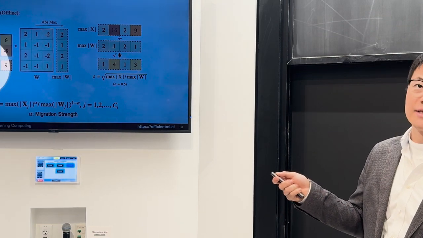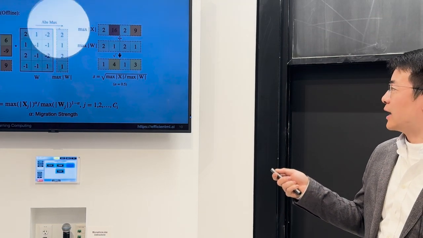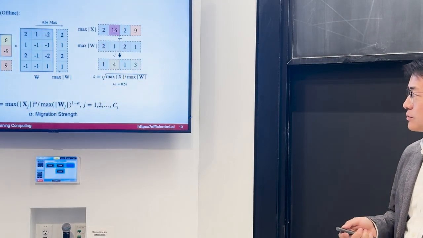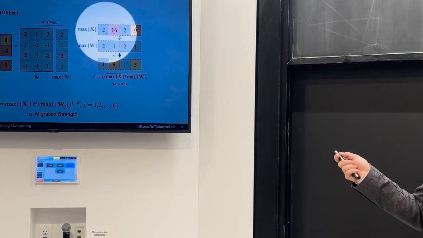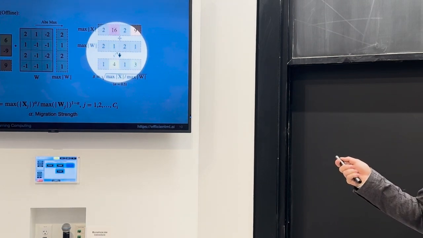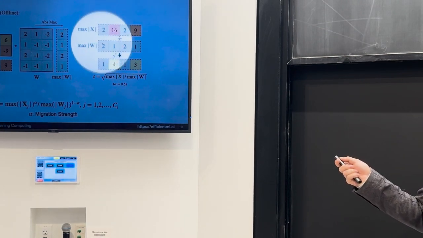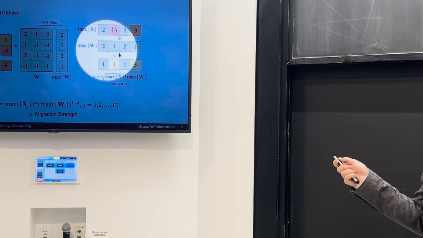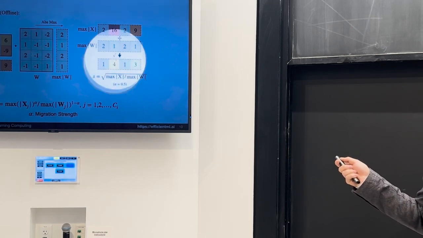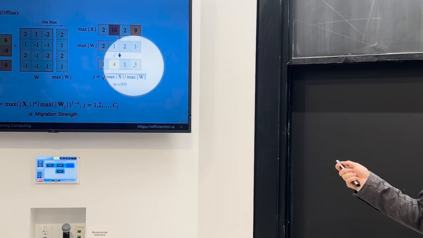So we get 2 vectors. One is the max of the absolute value of X. The other is the max of the absolute value of W. And we put them here. So this is max X, this is max W. What we do is we divide X by W, okay, and find the square root of that. Like 16 divided by 1, square root, we get 4. 9 divided by 1, square root, we get 3.